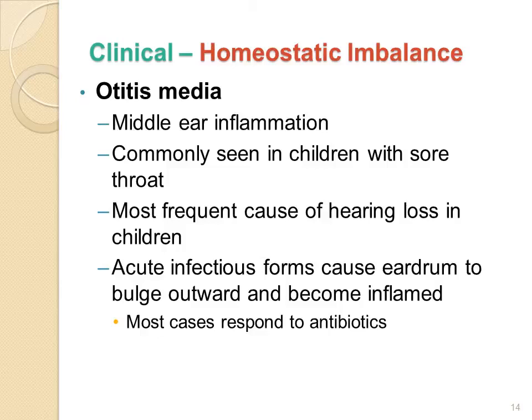Clinically, we have an infection called otitis media. The middle ear may become inflamed, and this is commonly seen in children. You can see the Eustachian tube inflammation, and the inflamed middle ear causes pain to the children. It is one of the most frequent causes of hearing loss in children also. An acute infection causes the eardrum to become red and inflamed, and this can be treated with antibiotics.